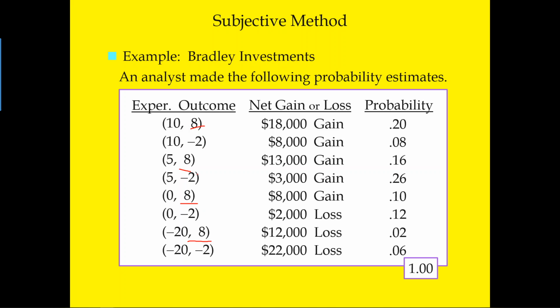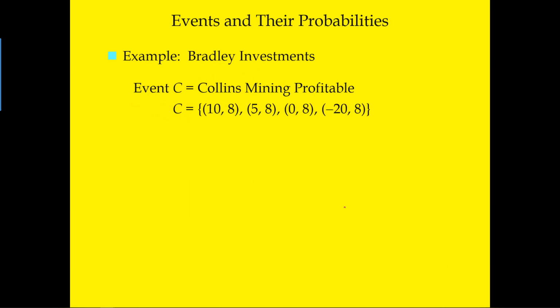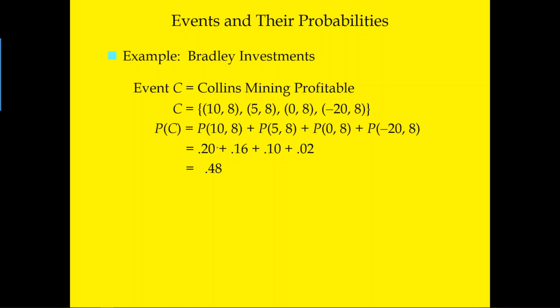Again, we have 4 experimental outcomes that qualify for coal mining being profitable. After identifying these 4 outcomes, we focus on their probabilities and add them together, the ones I highlighted, to get the probability of coal mining being profitable. So let's look at our answer: 20% plus 16% plus 10% plus 2%, and we get a 48% chance of coal mining being profitable.